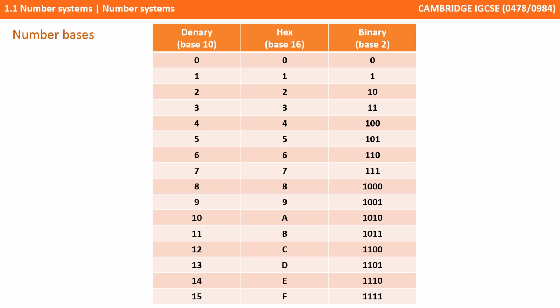This continues all the way up to the denary value 15, which is the hex equivalent F, and the binary equivalent 1111. Of course, we can carry on going above that, and as soon as we do, hex no longer has a single digit which can represent a value. So we'd now have to start combining values, just like we have been in denary and binary.